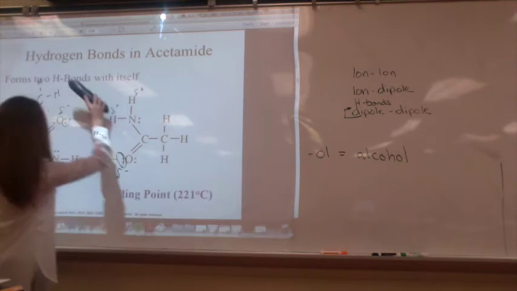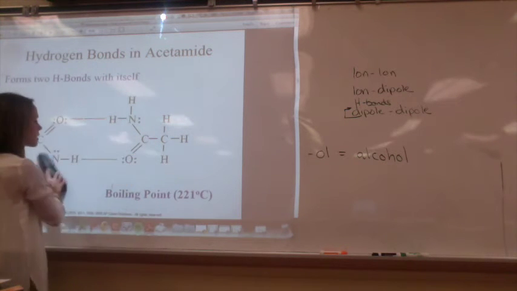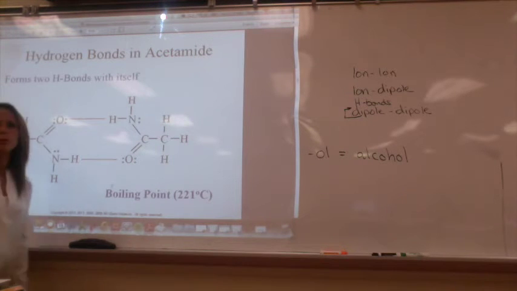So in this molecule with acetamide, we end up with 2 hydrogen bonds in this molecule, which makes this even stronger. So the boiling point here is 221 degrees Celsius. What's the boiling point of water? 100. Why do you think this has a higher boiling point?